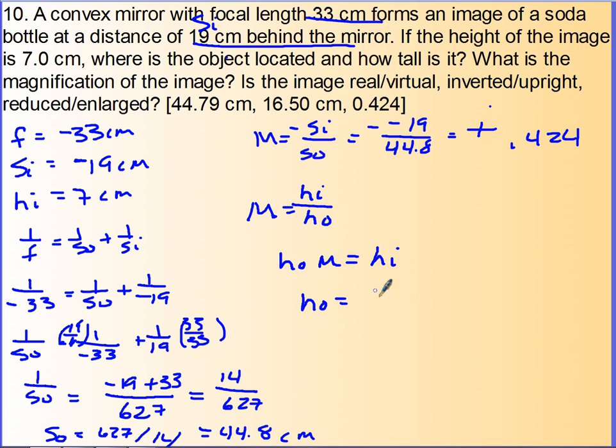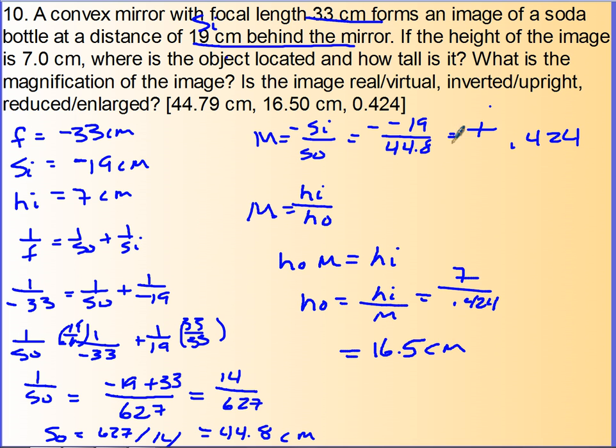So the object height is HI divided by M, which is my image height, 7 centimeters, divided by 0.424. All right. So I get 16.5. And you may get something slightly off. If you don't leave the numbers in your calculator, then you'll wind up being just a little bit off. I'm not worried about that.